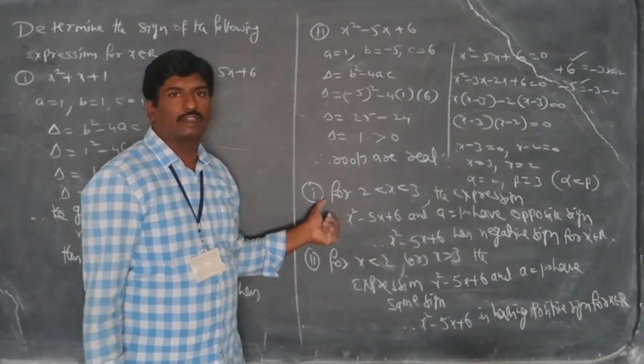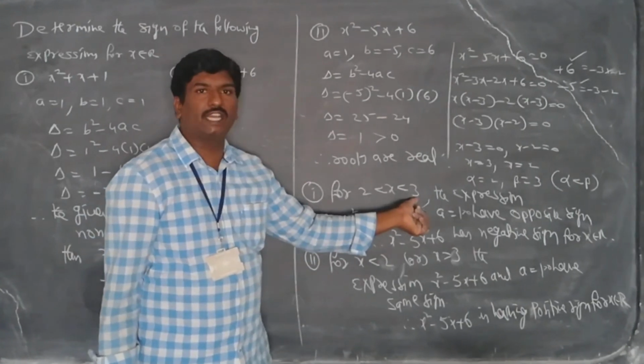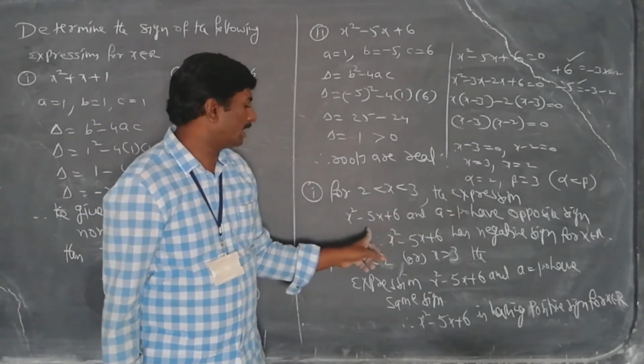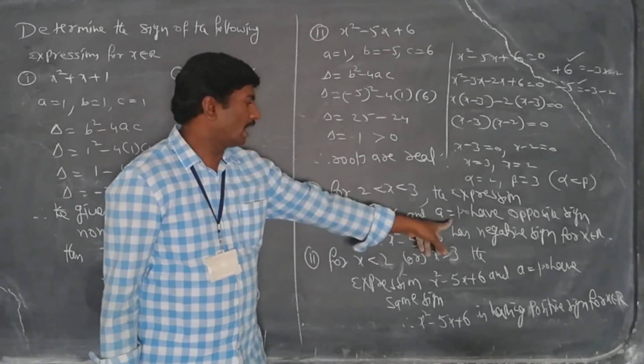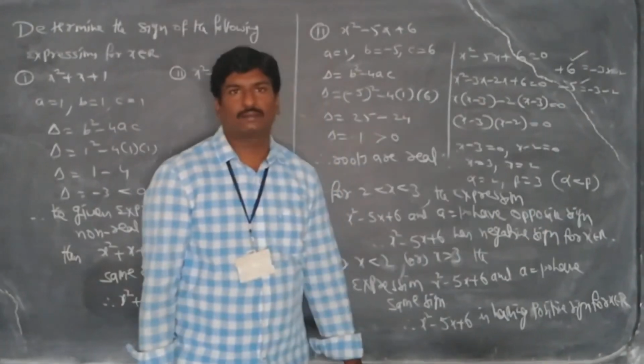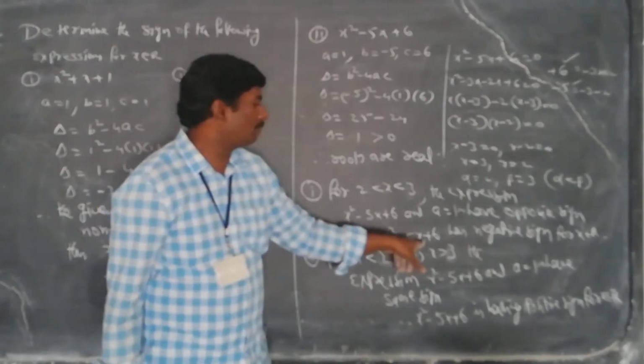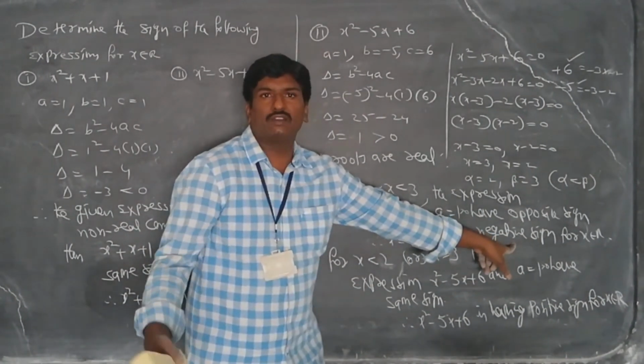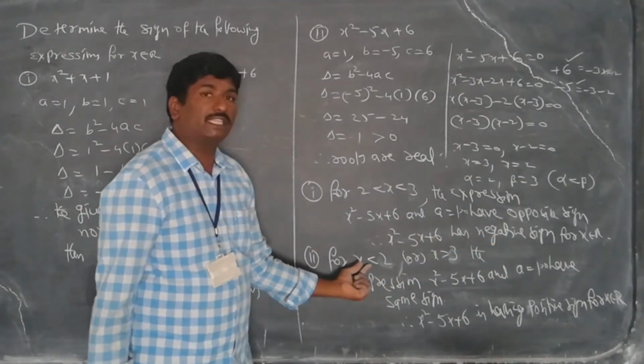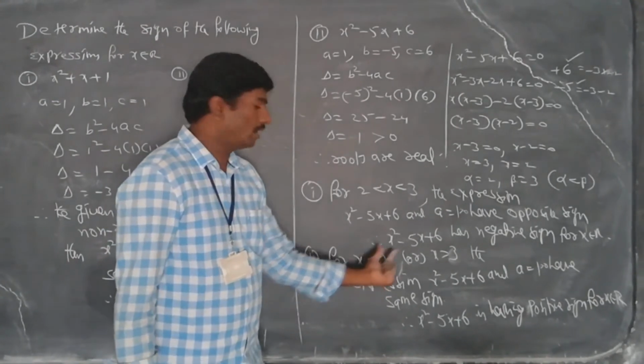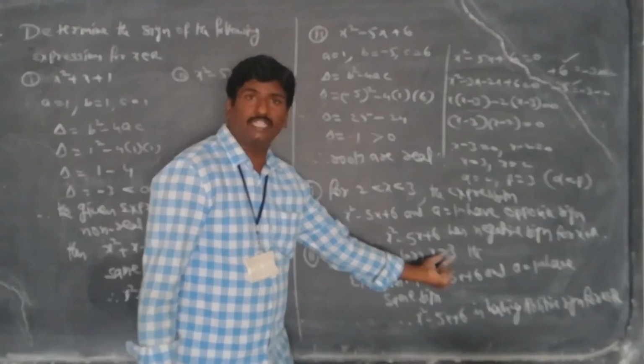So I am checking now. For 2 less than x less than 3, the expression x square minus 5x plus 6 and a equal to 1 have opposite sign, so the expression has negative sign.